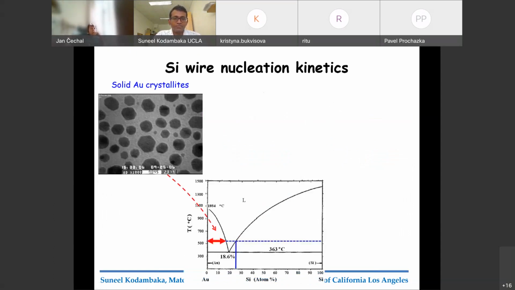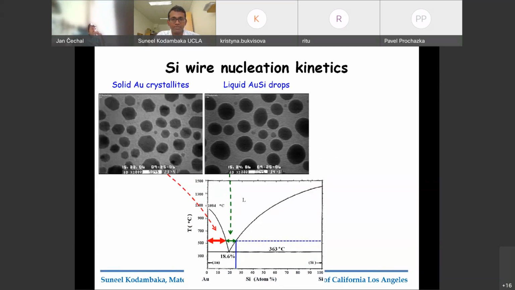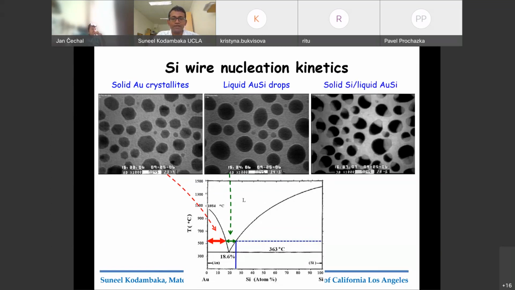If you were to walk through the phase diagram, initially we start out with solid gold, and we keep adding silicon. Eventually, we end up with a single phase alloy liquid, and that is gold silicon liquid. As you continue adding more disilane, there is more silicon coming in, and you start nucleating. So you have this liquid droplet with a solid silicon crystal.